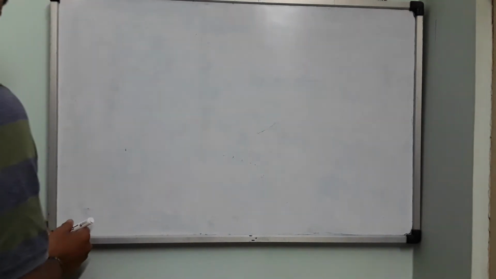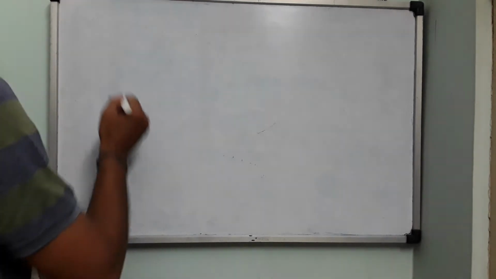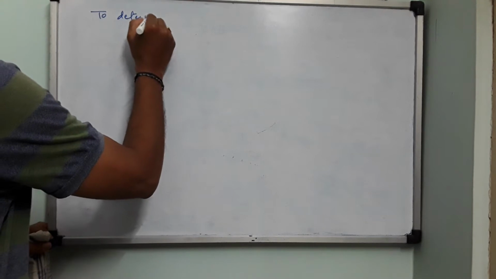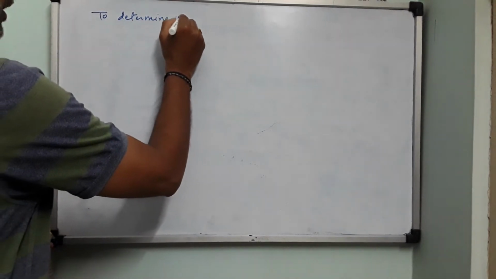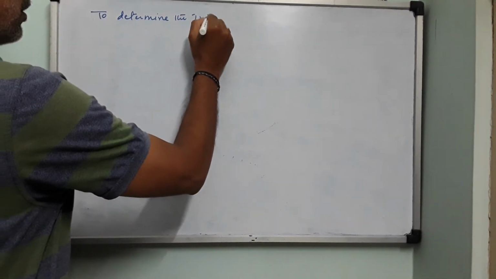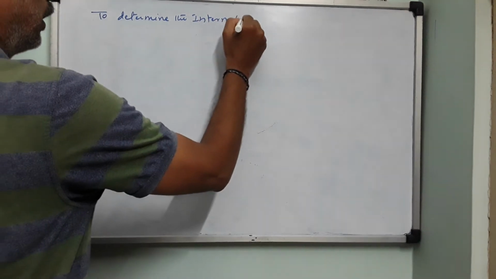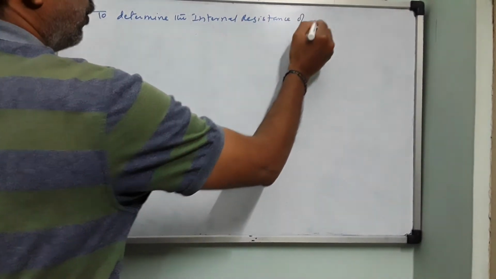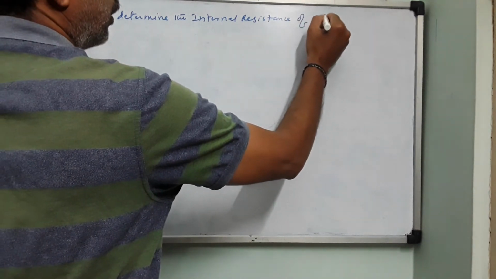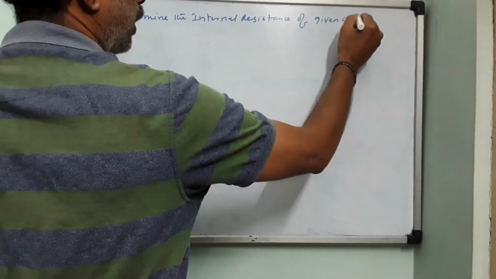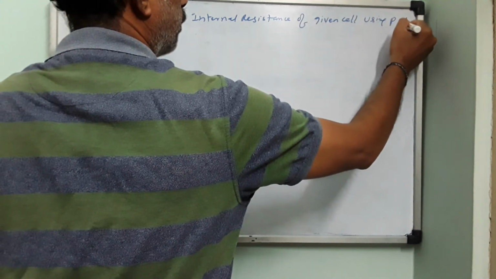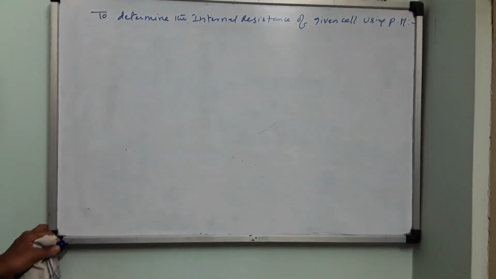So first one, to determine the internal resistance of a given cell using potentiometer. PM stands for potentiometer.